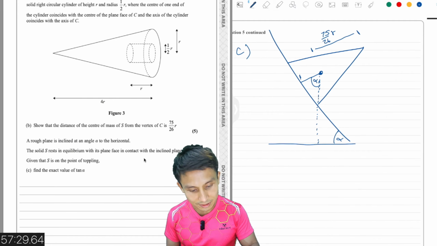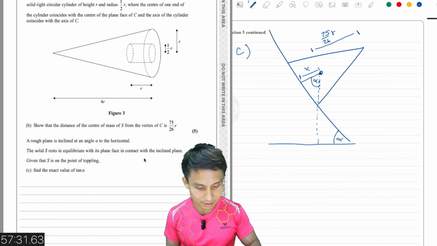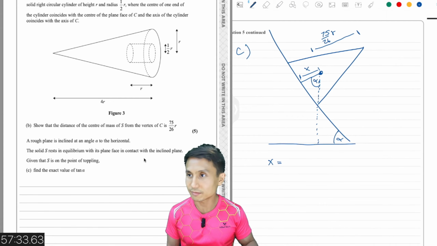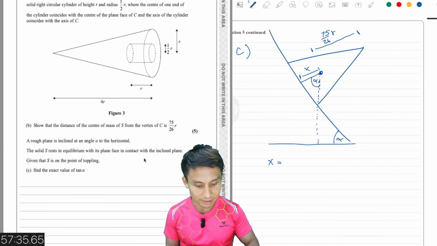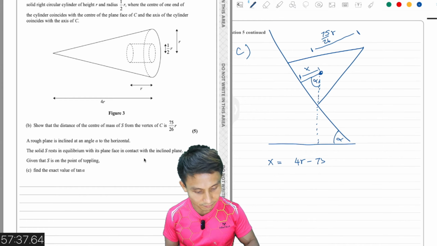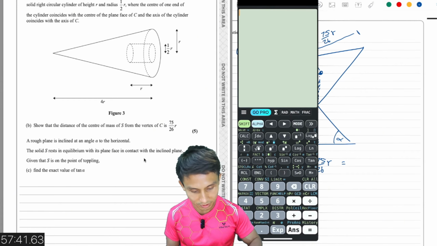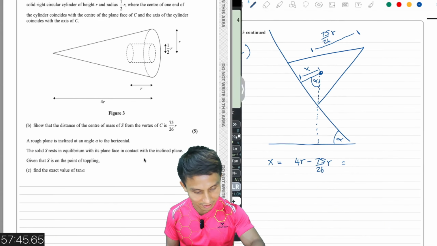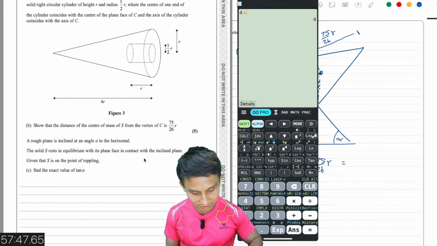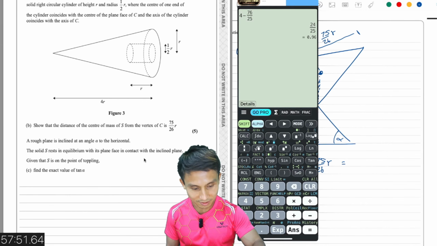So this distance here, let's say x, is going to be 4r minus 75 over 26r. What is that? I'm not going to do mental math now. 4 minus 75 over 26, what's that again? 25 over 26. 76 over 25. Oh, okay. I'm going to kill myself there.